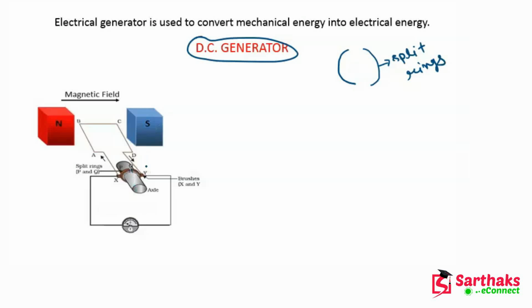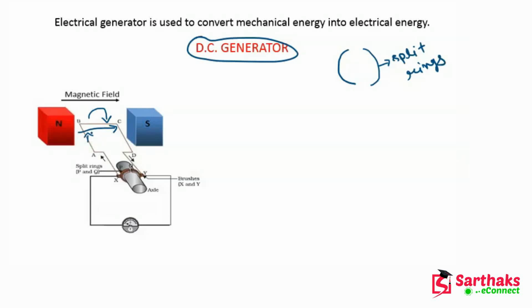So now guys, let's see how the direction doesn't get changed in the case of DC generator. Okay, so this is your conductor AB and we will rotate it like this, again clockwise. This is the direction of magnetic field. Now this conductor is moving upside.